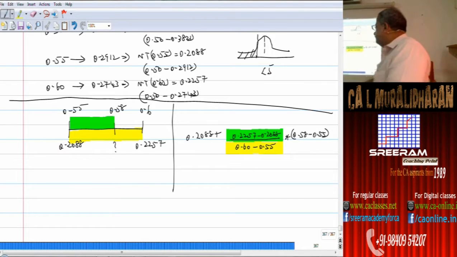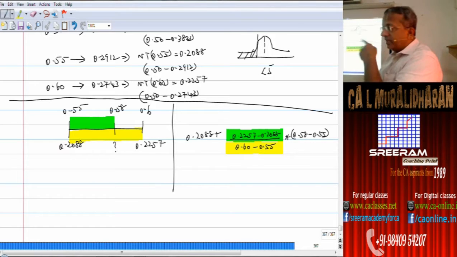Shall I write like that? Check up with the diagram. Check up with the coloring also. Is the equation drawn correct?